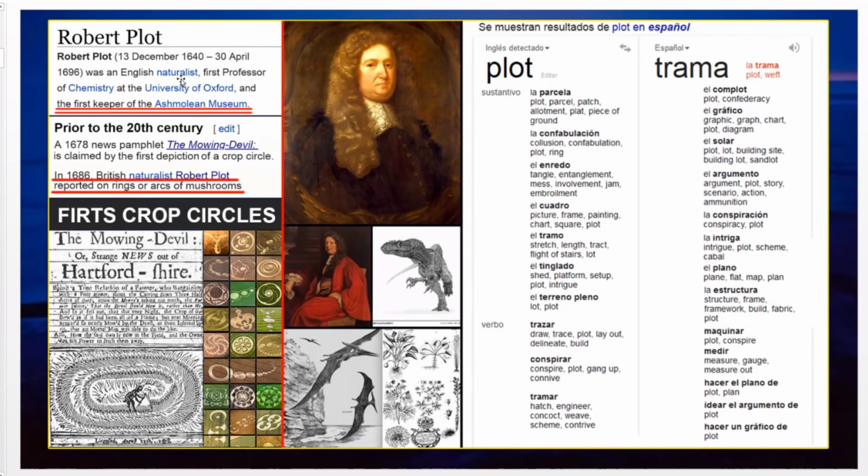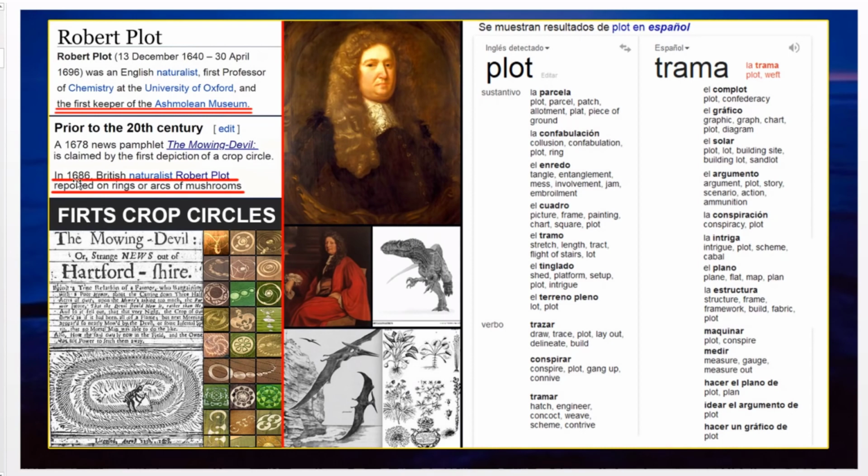He has a really nice surname for this situation, because when I started looking into trying to associate crop circles with the flat earth, this is the guy who presented not just the crop circle, but also the first concept art of a dinosaur. And again, nobody talks about this guy in any university that I know. He was an English naturalist, first professor of chemistry at the University of Oxford, and the first keeper of the Ashmolean Museum.